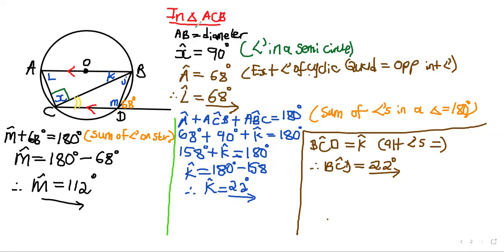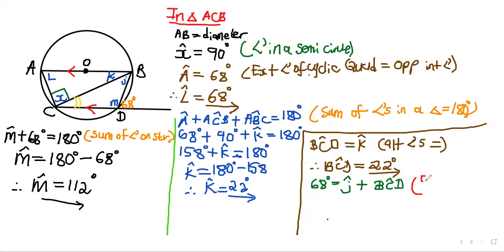So you can use either one of those. Let's say angle 68, which is the exterior angle of a triangle, is equal to the sum of two opposite interior angles, which is going to be angle J that we are looking for plus angle BCD that we recently got. Remember that each and every statement should be accompanied by the reason.